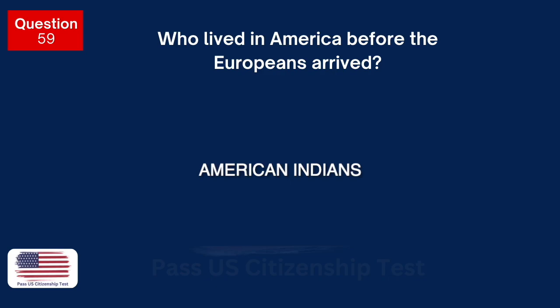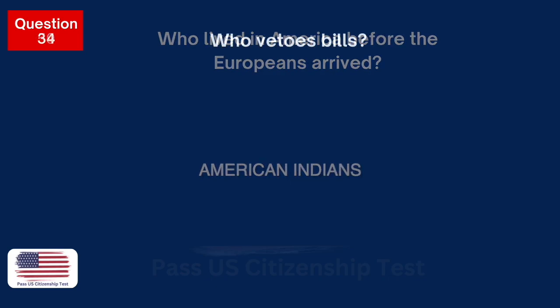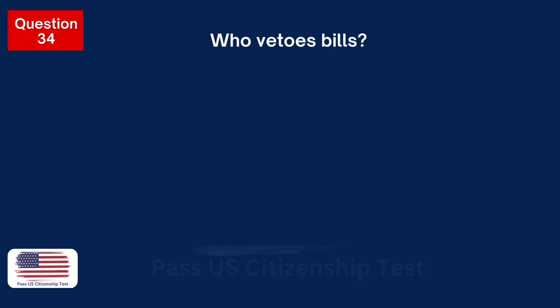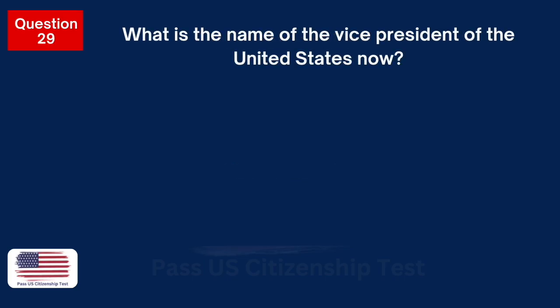American Indians. Who vetoes bills? The President. What is the name of the Vice President of the United States now? J.D. Vance.